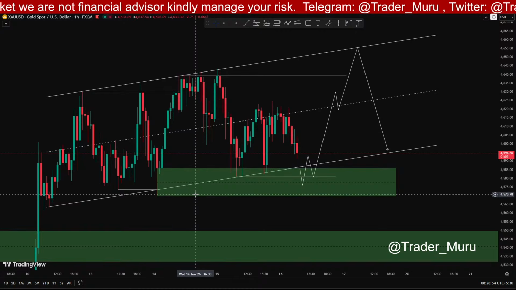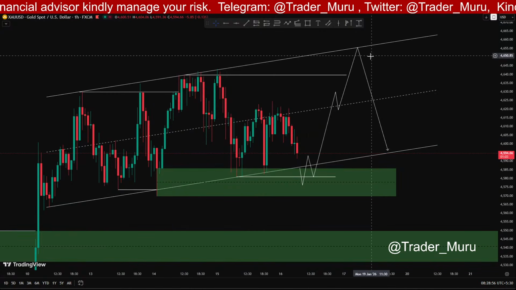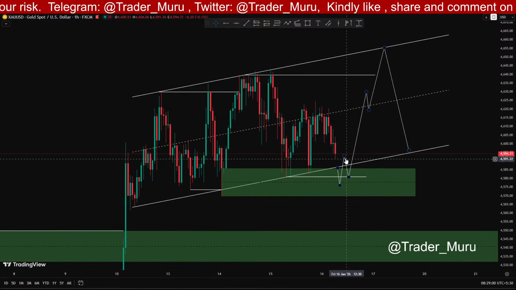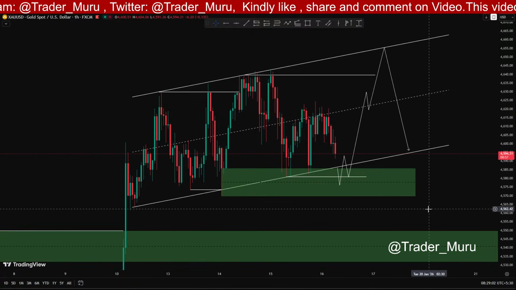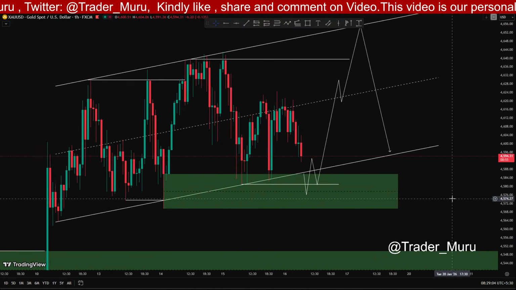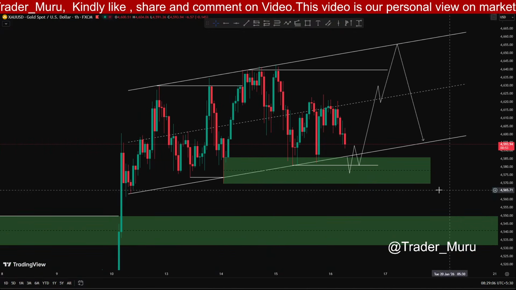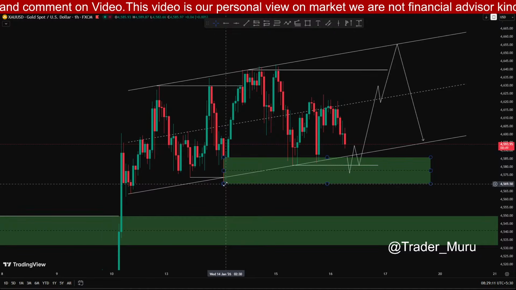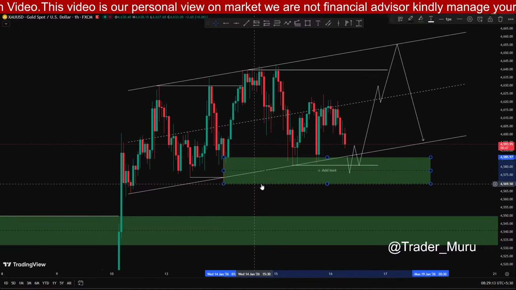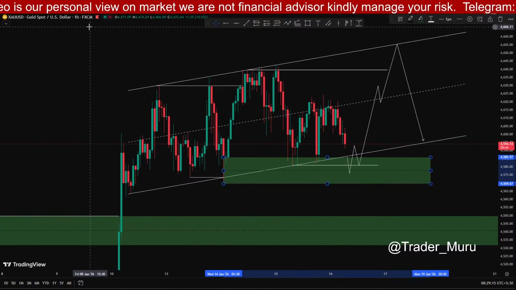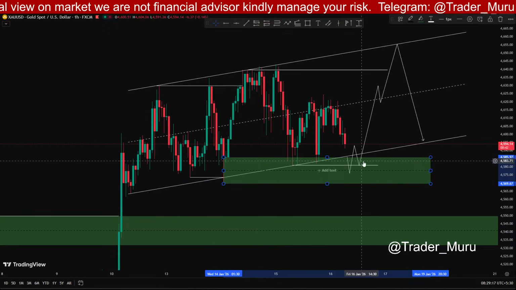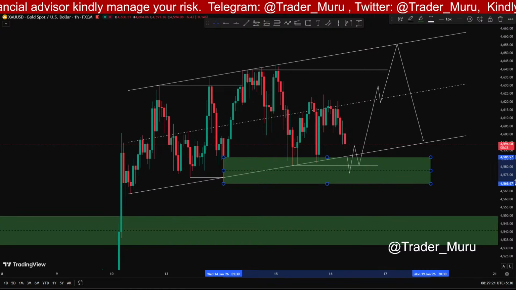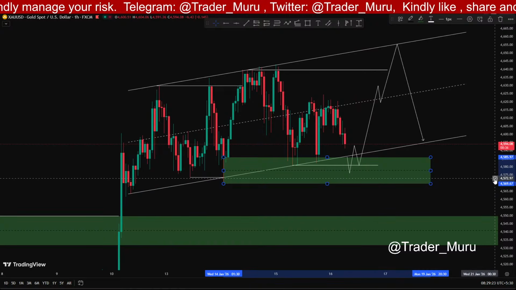Until this low gets break, price is bullish, and this will be a bullish consolidation till then. Okay, to be bearish here, price need to close 2 candles below this low. This is 4 hour structure, so 2 candles should close below this low of 4569 to be bearish.